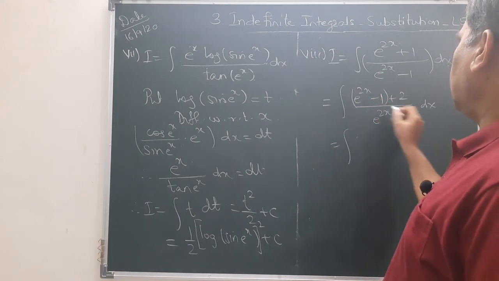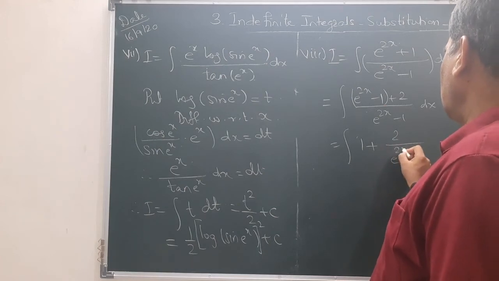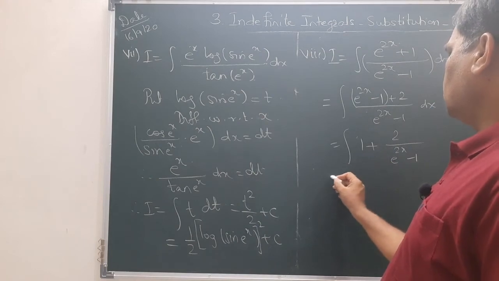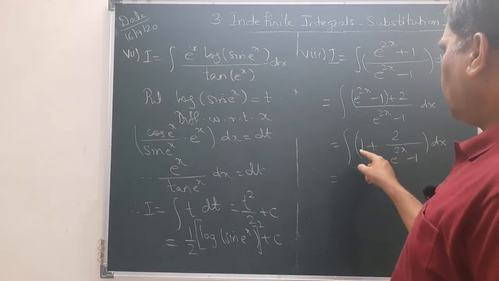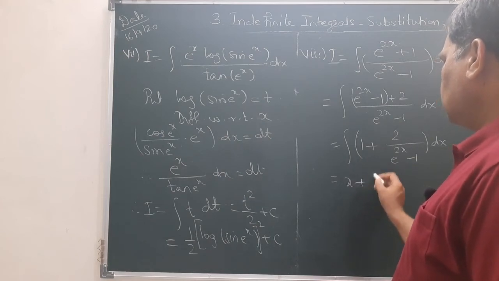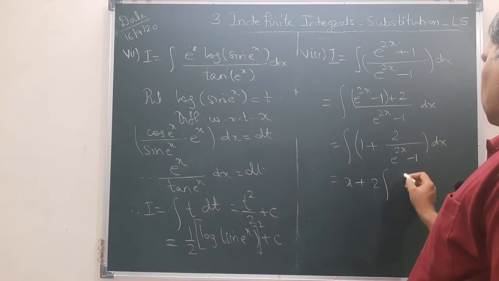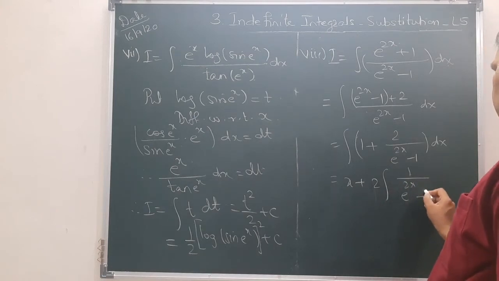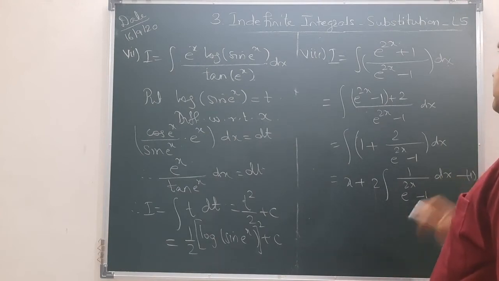Then dividing this by this, we will get 1 plus 2 upon e raised to 2x minus 1 dx. Integral of 1 is x plus integral of 2 times integral of 1 upon e raised to 2x minus 1 dx.